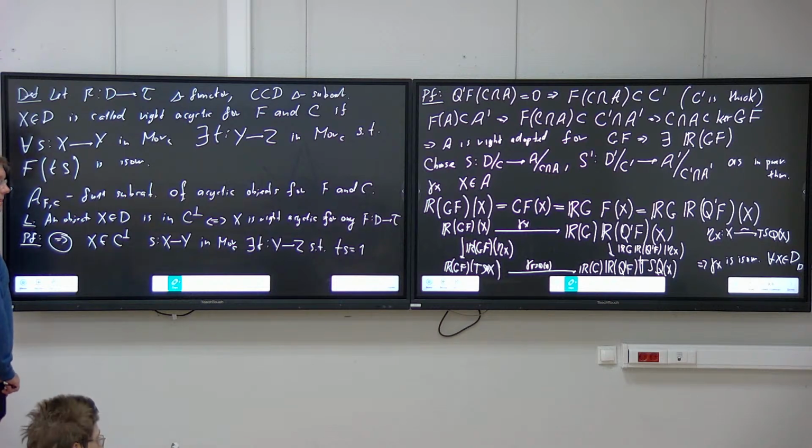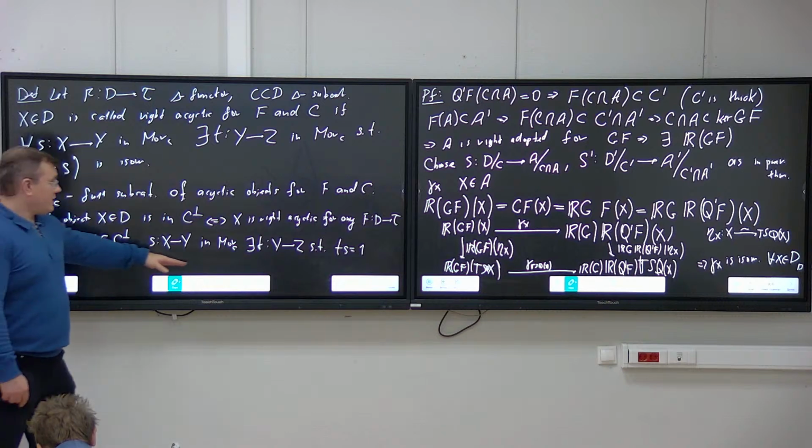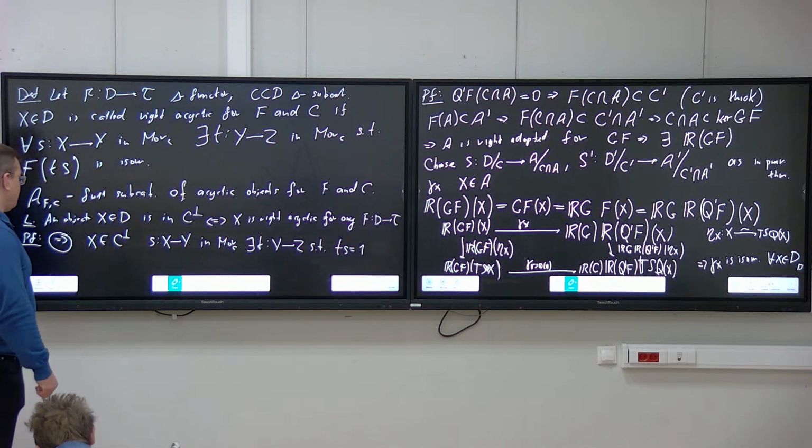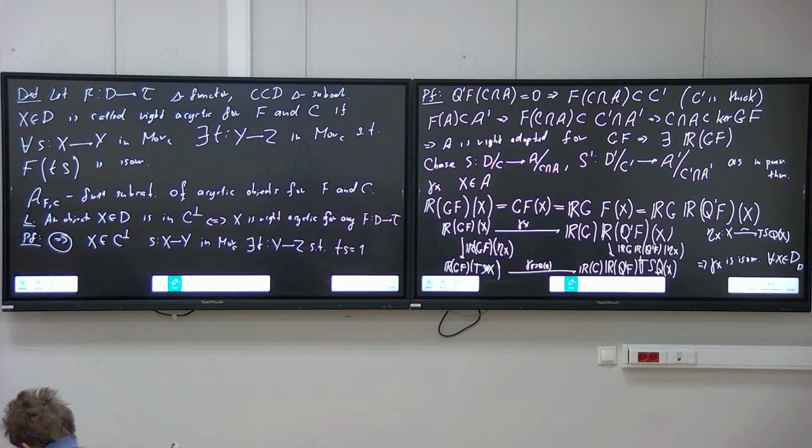I have shown that every map in Mor C is a section. Yes, thank you, I was thinking about a different lemma. The lemma with four equivalent conditions, right? The first condition was that x is right orthogonal, and condition 4 was exactly what I have here. So this was from that lemma, and I was thinking about a different lemma.